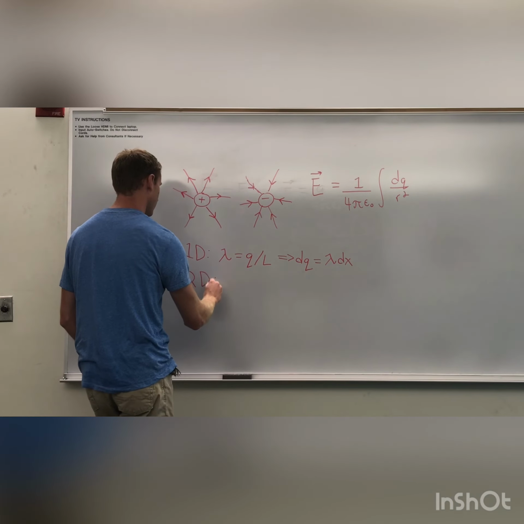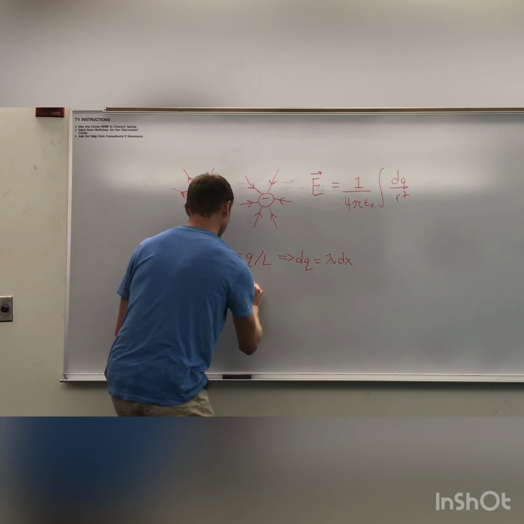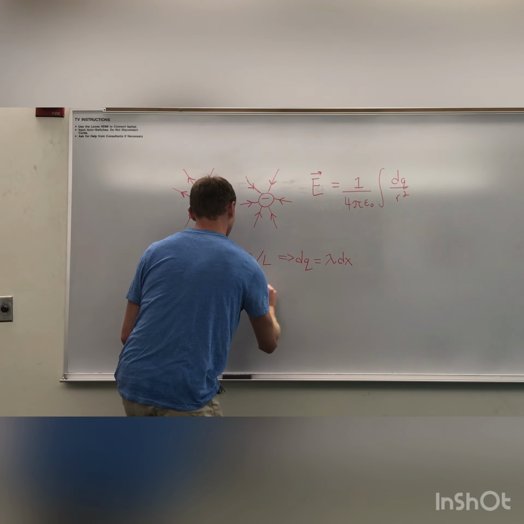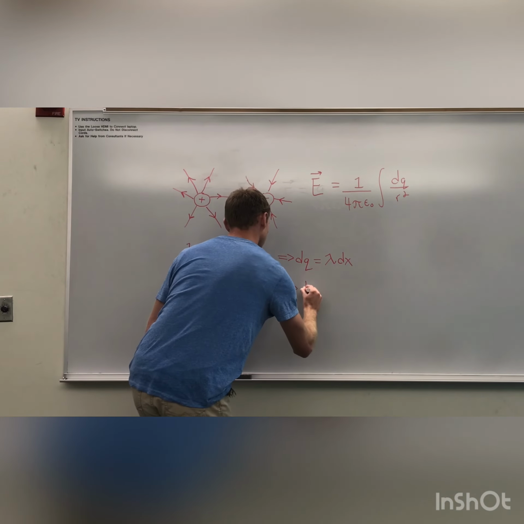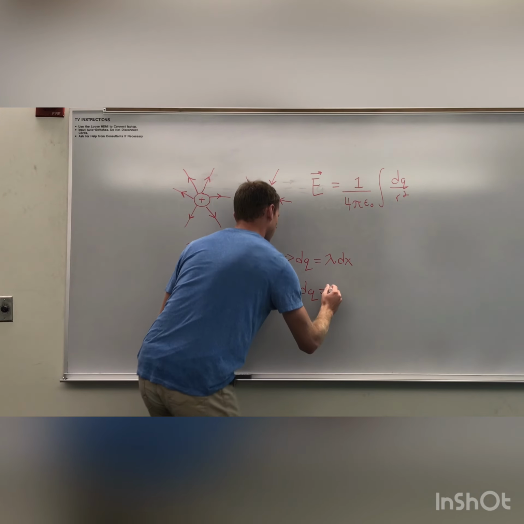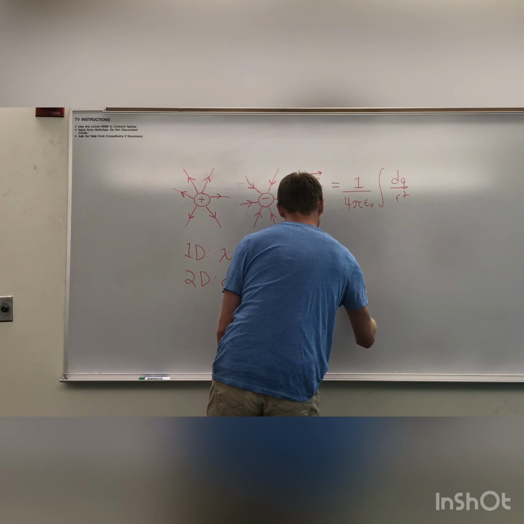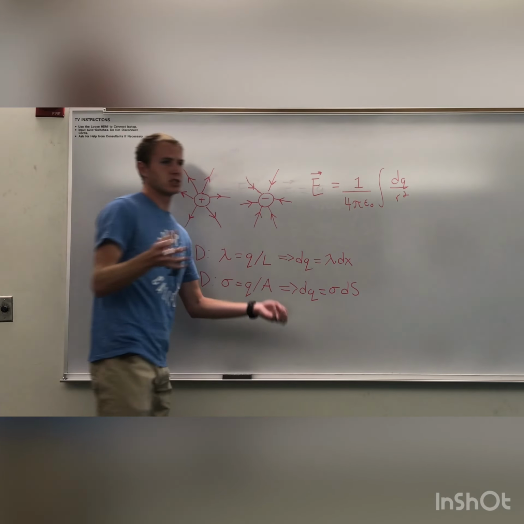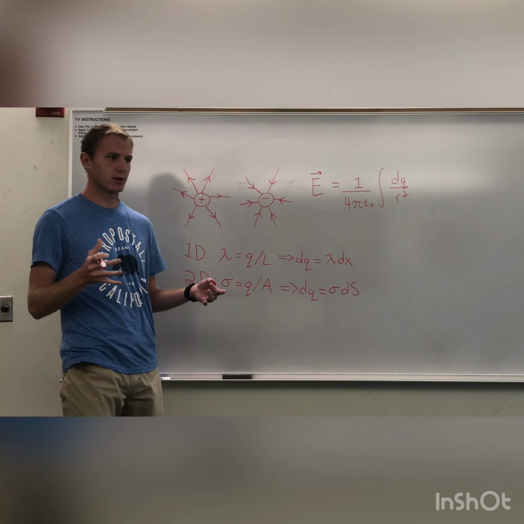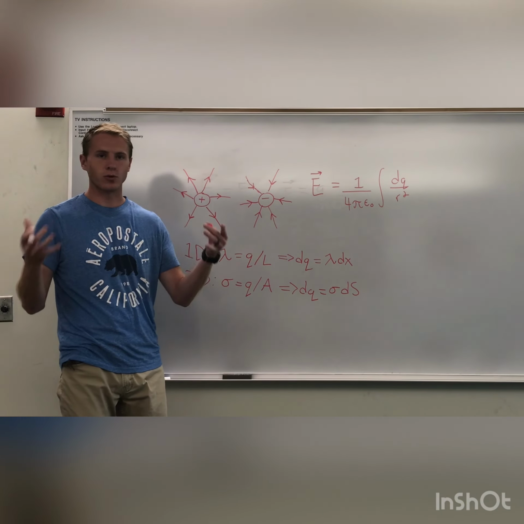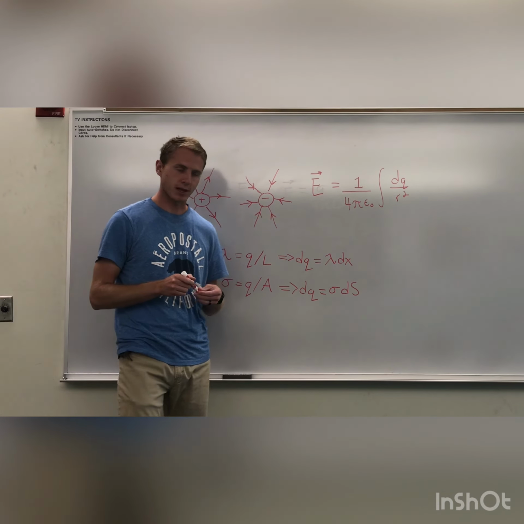In 2D, we use area with sigma equal to Q divided by area, which gives us dq as sigma ds. ds is just an infinitesimal area or surface area of a particular configuration, or if you have a charge on the surface of a sphere or something like that.